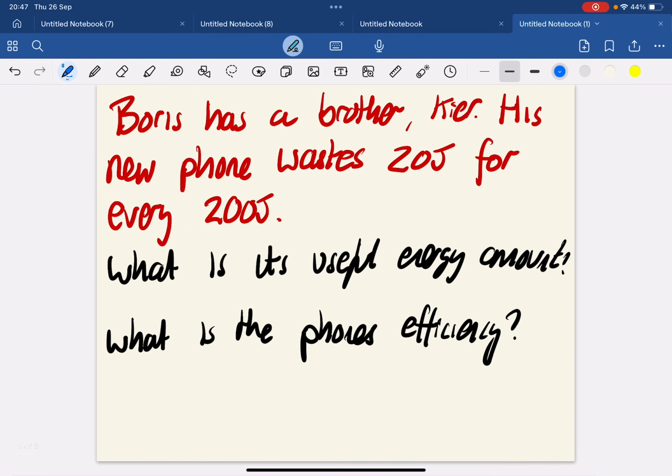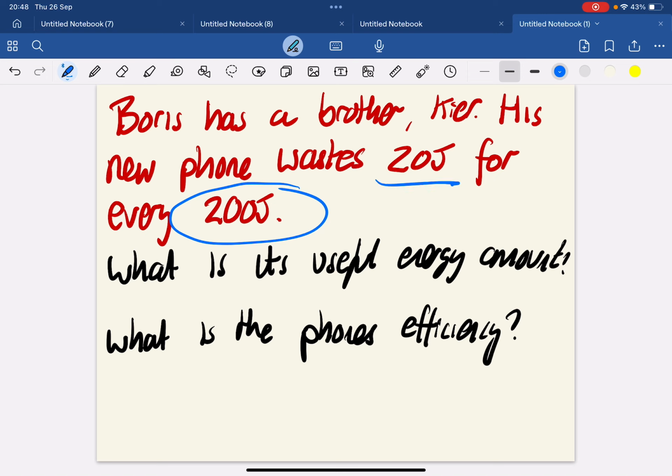So Boris has got a brother, Keir. His new phone wastes 20 joules of energy for every 200 joules. So we've got a couple of questions here that are a little bit different this time, but ultimately we're looking at the same thing. So what is the useful energy amount? So we know our total energy is 200.